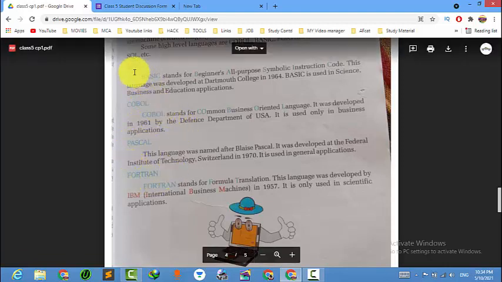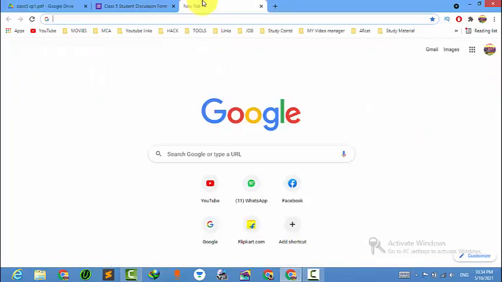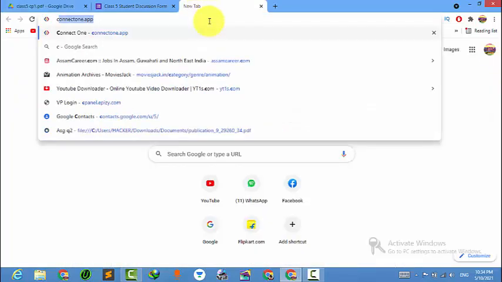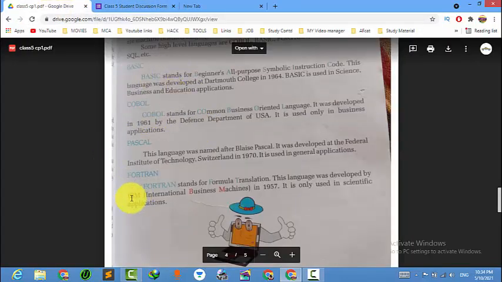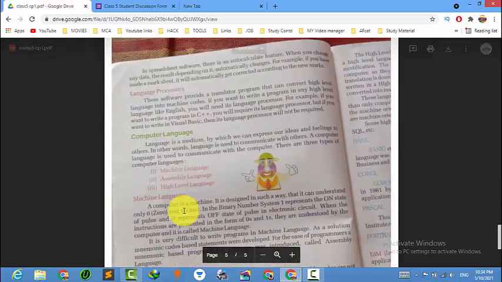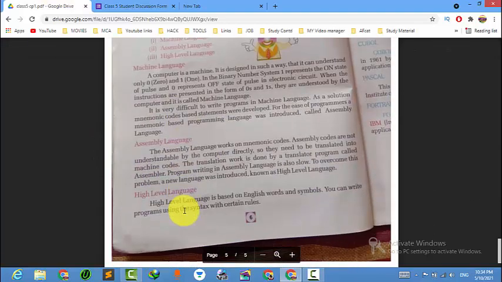Suppose BASIC is the first language used, then comes COBOL, generation wise. Like first the calculator, then some kind of telephone, then walkie talkie, then mobile phone, then smartphone. Similarly, languages change from one generation to another.